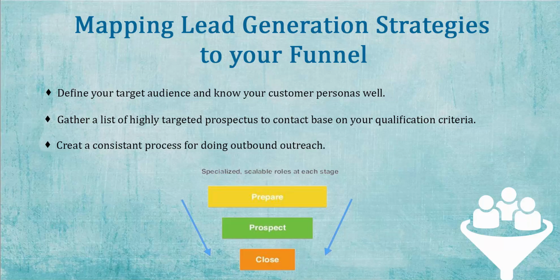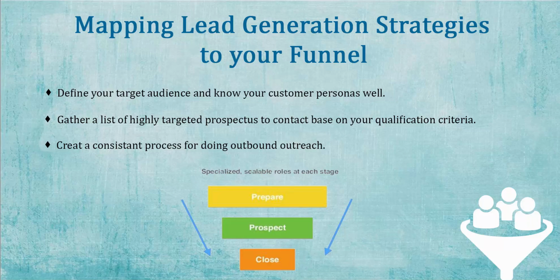A better scenario would be if they have a family, that is, they are married and have one or two children, because these are the people who would be majorly interested in having insurance to secure their family future. So this kind of target audience definition is the first thing.